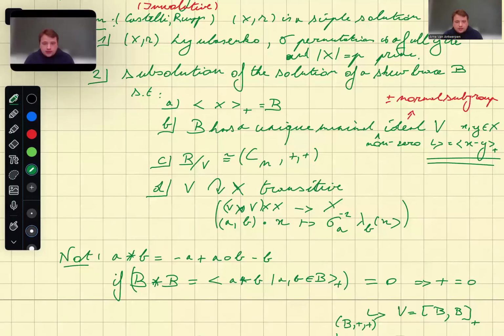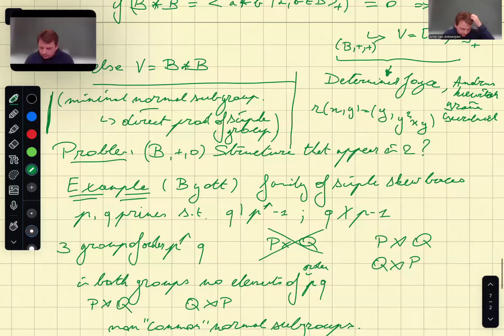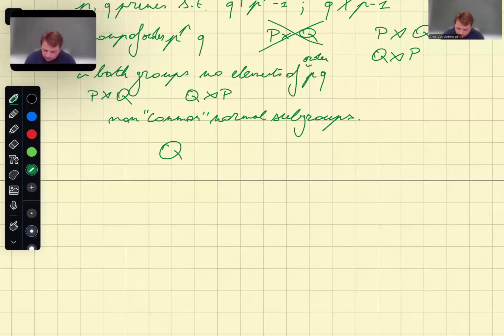And the set X you choose has to generate the full group B. What you can choose in this case is, you take this group Q and you consider all possible conjugates. You throw out the identity element.